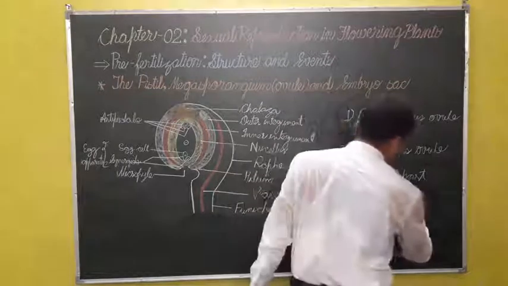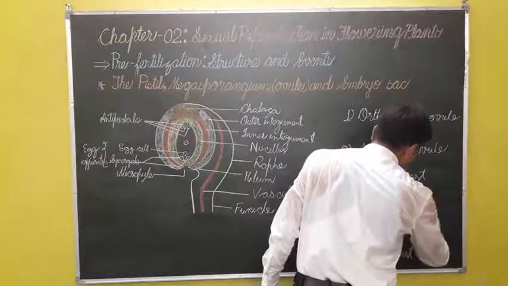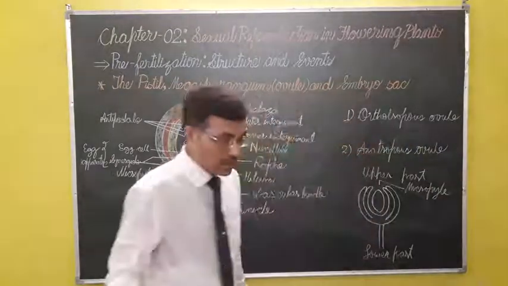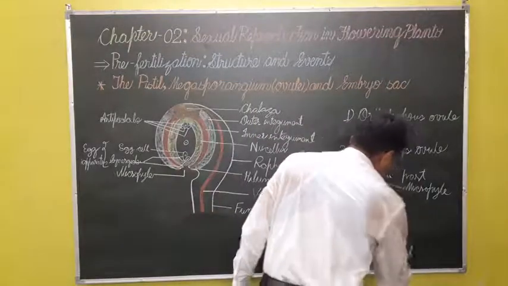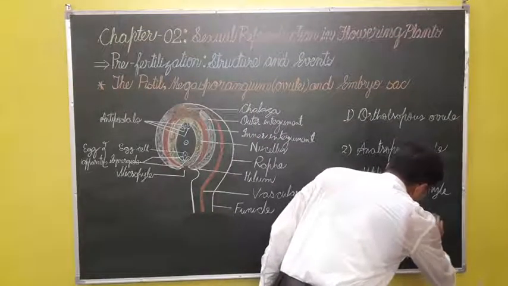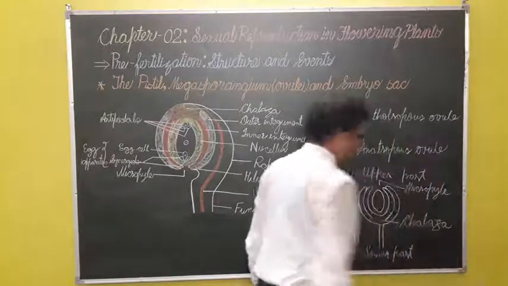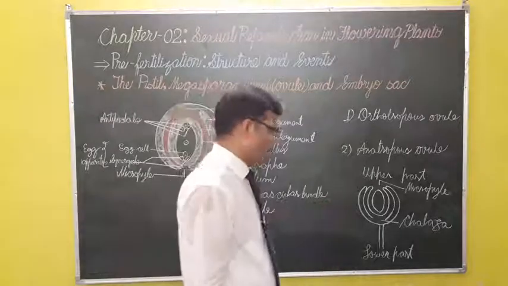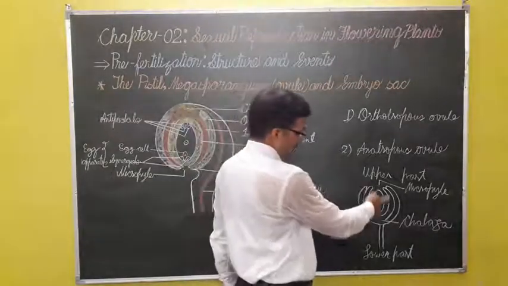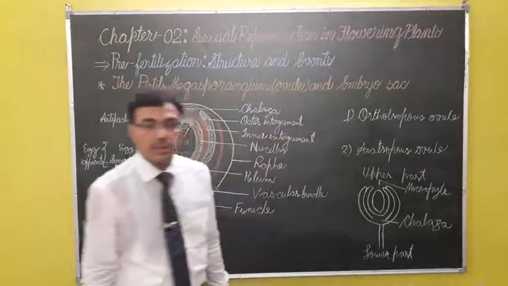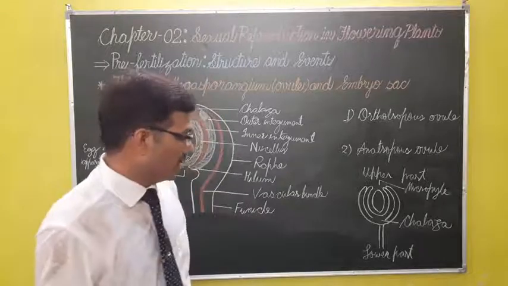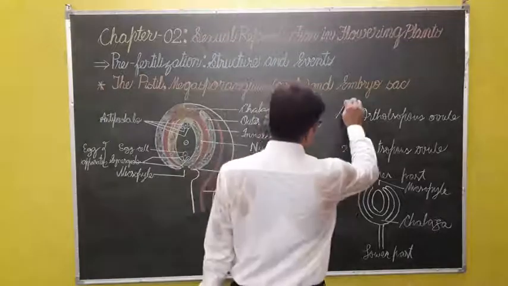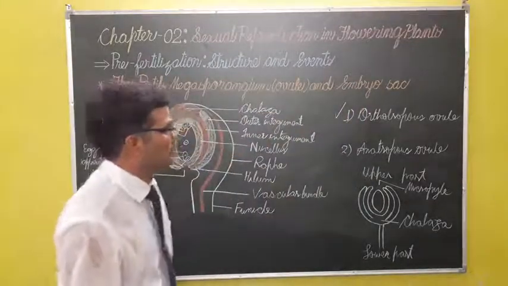Here is the micropyle. While the lower part always shows the chalaza. Right? So if an ovule shows this type of arrangement in which the micropyle, the chalaza and the funicle are in a straight line, that type of ovule is called orthotropous. Right?